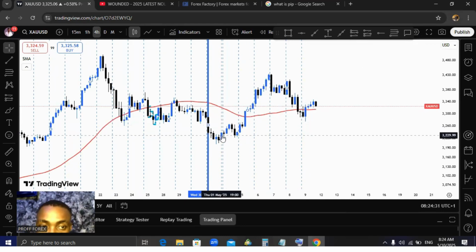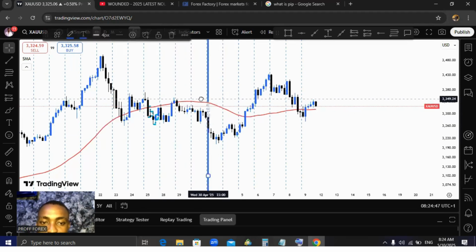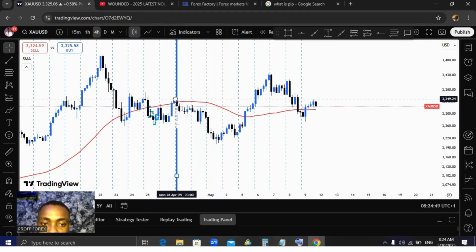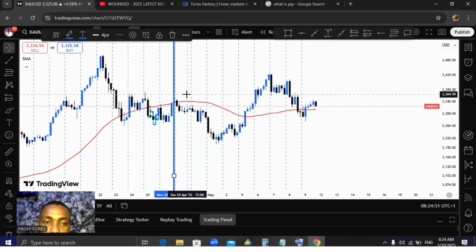So let's quickly look at this. This is on Thursday. This is on Monday. Unfortunately, the horizontal range will be active from here.